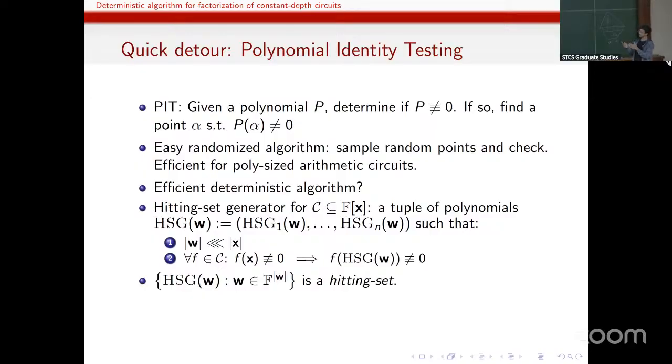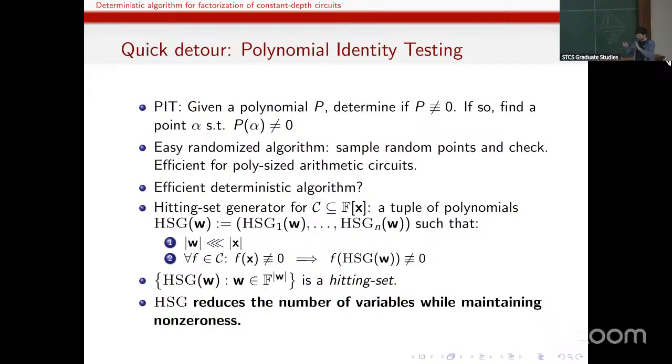So in some sense, if you just go over all these tuples that you get by taking elements from this smaller bunch of variables and just iterating over the hitting set generator, that's a hitting set. The real takeaway from this slide, even if it's a lot of things in one slide, is that a hitting set generator reduces the number of variables while maintaining non-zeroness.